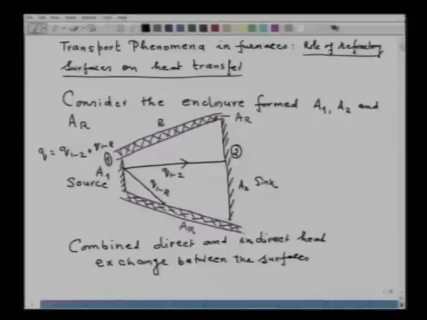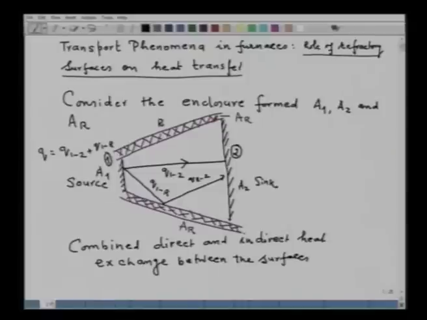So, this is Q1R, and similarly when A2 gets heated up, it will also radiate its energy, on account of which we will say this one is QR2. I will be explaining this further.